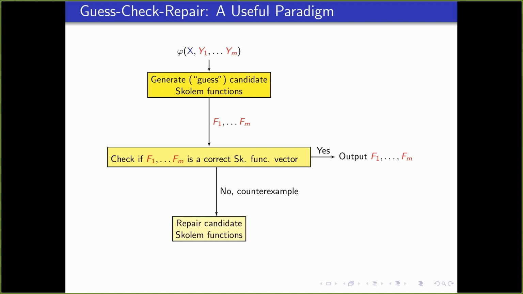If the answer is no, then we actually obtain a counterexample showing why this vector of functions is not serving as Skolem functions for the given specification. And then we repair the candidate Skolem functions based on this counterexample. And then we perform the check with the repaired Skolem functions, and we continue to do this. Of course, this might look like a loop which might go on forever.